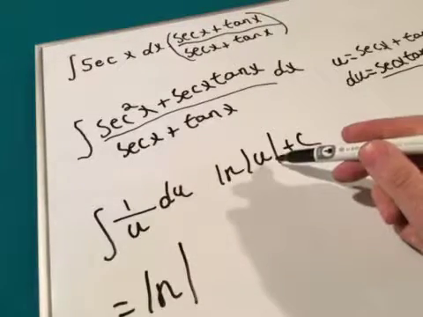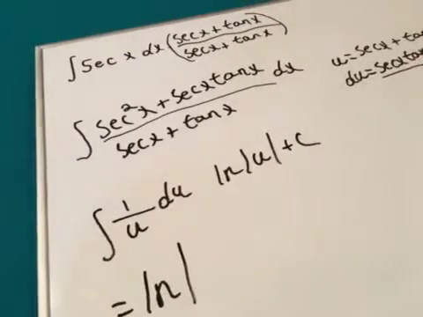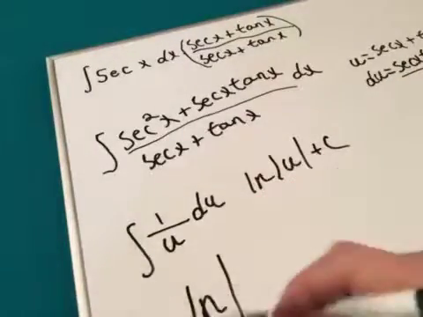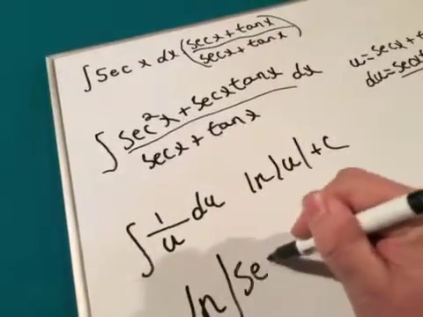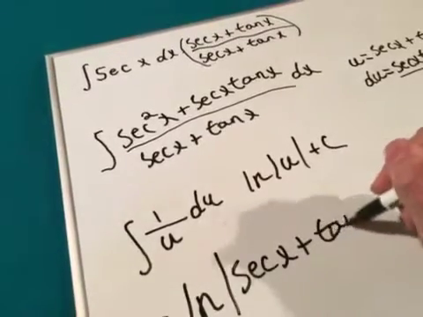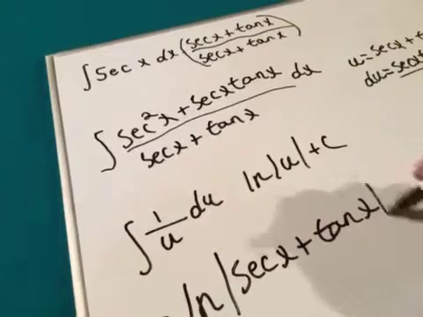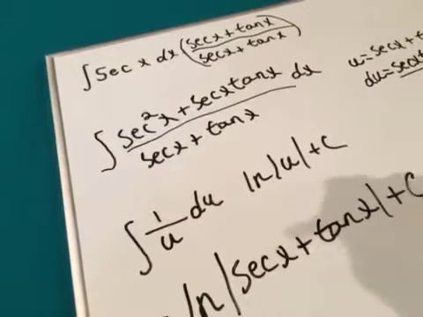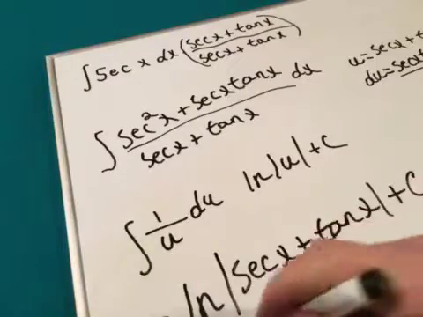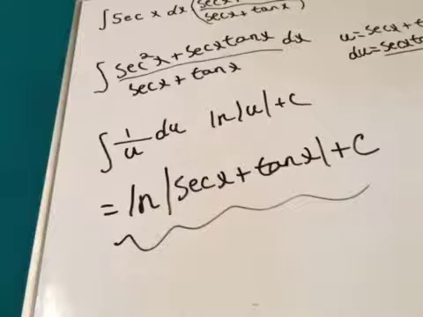You don't want to finish in u, because what is u? u is secant x plus tangent x. So it's the natural log of the absolute value of secant x plus tangent x plus c. And there is the integral of secant x.